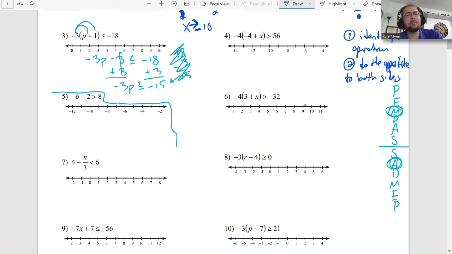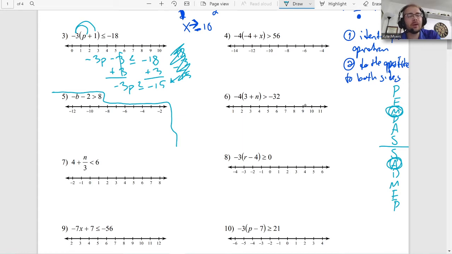The only thing that's different between inequalities and equations when you're solving them is that if you multiply or divide only, not adding or subtracting, not exponents, not anything else, when you multiply or divide only on both sides, so we're talking about the M or the D in SADMAP, and you multiply or divide by a negative, not by a positive, by a negative, then you flip the sign, okay?